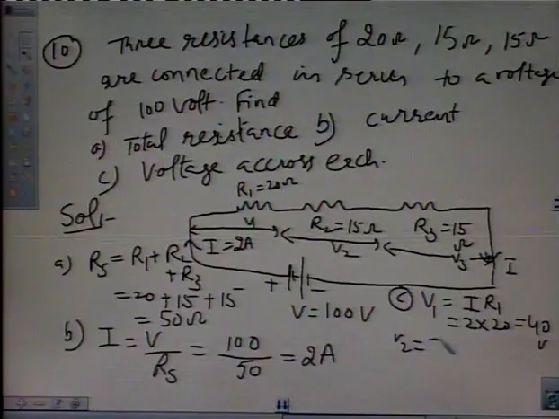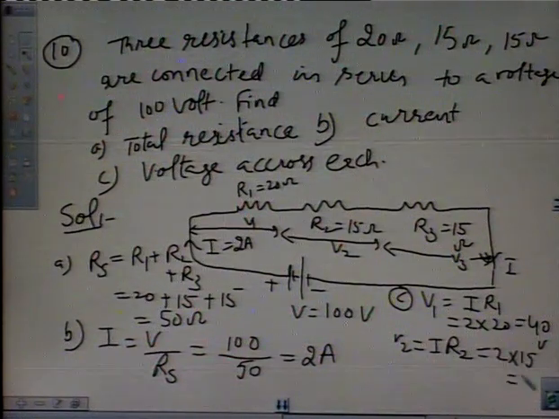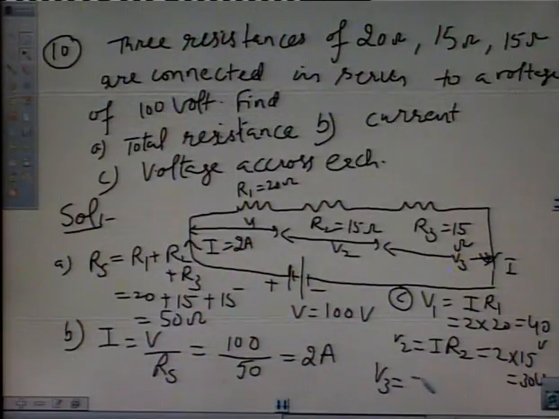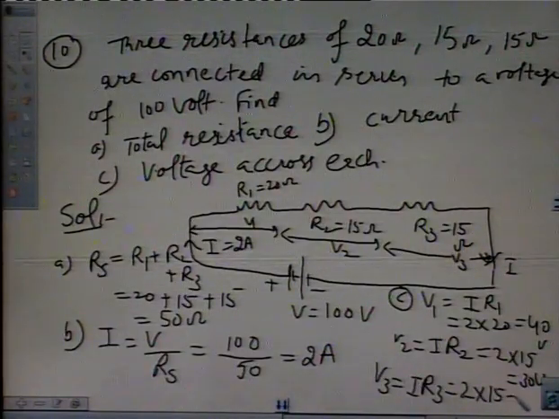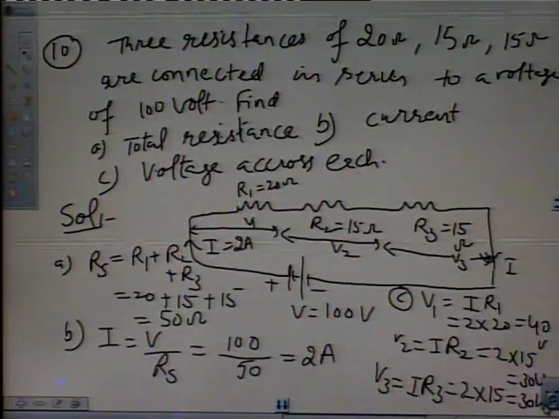V2 is equal to I into the value of resistance R2, so this is 2 into 15, 30 volt, and the value of V3 is equal to I into R3, this is again 2 into 15, this is also equal to 30 volt. So this is our answer.